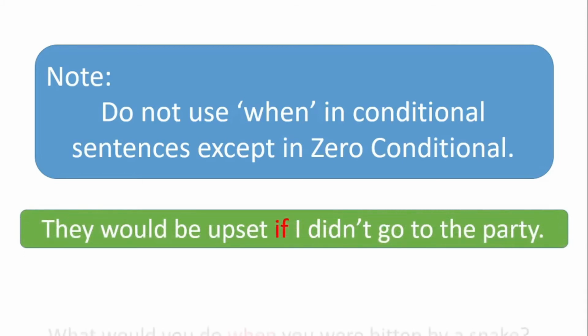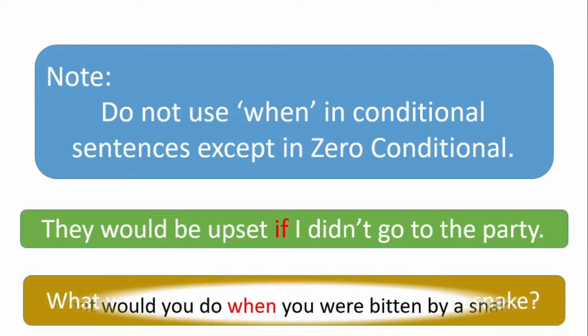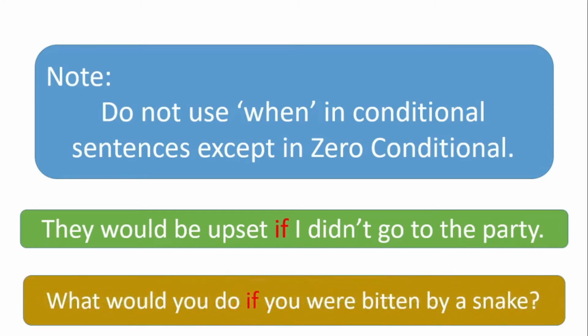Second example. What would you do when you were bitten by a snake? Here, this example refers to an imaginary situation which is unlikely to happen. When is not used in conditional sentences type 2. Therefore, it is corrected as what would you do if you were bitten by a snake?